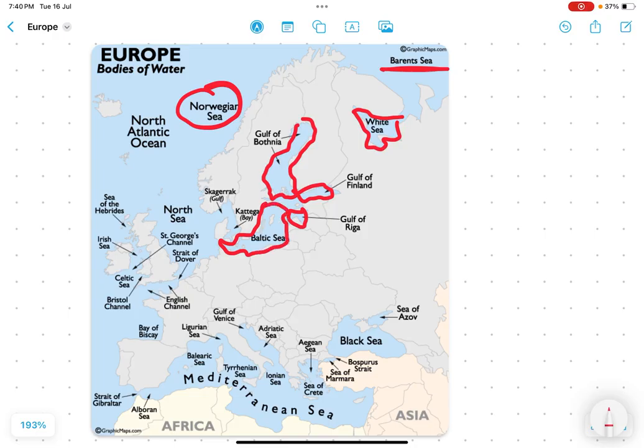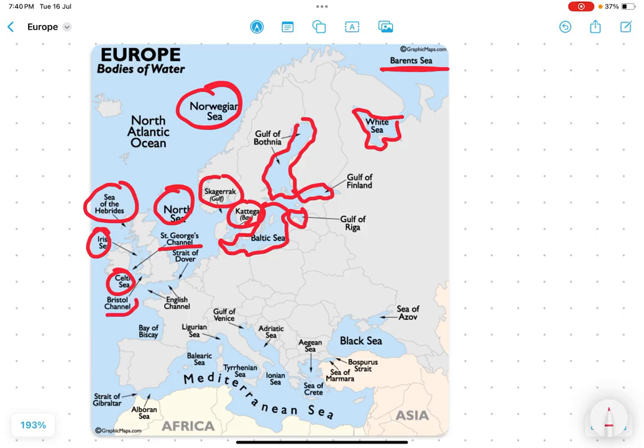Then we have two more. This is a bay, Kattegat Bay, and Skagerrak Gulf, right? Then we have the North Sea, we have Celtic Sea, and then we have the Irish Sea in between, and St. George Channel, and Sea of Hebrides.